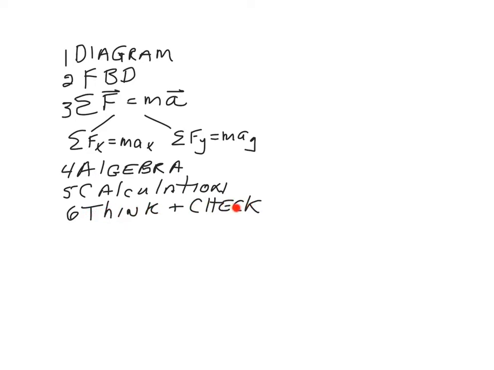Because often if you have a wrong plus or minus sign, you'll get a number that's clearly wrong. So thinking about the physics can help you avoid getting a wrong answer because of a minor mathematical error. Okay, so I'm going to keep this in mind and we'll start doing some of the problems from assignment 6.